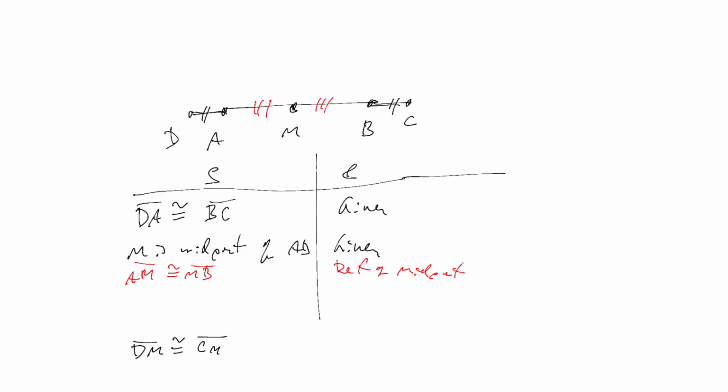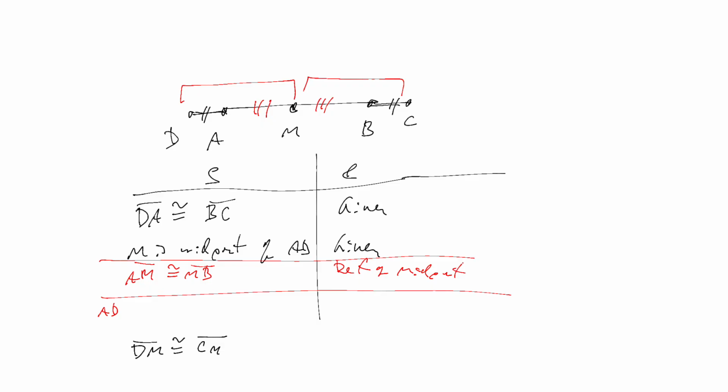Then these pieces together need to equal these 2 pieces together, which is what they're asking. So our final step is going to be to say DA plus AM is congruent, see I'm adding these together, to BC plus MB, or said another way, that DM, those 2 things combined, is congruent to CM, those 2 things combined.